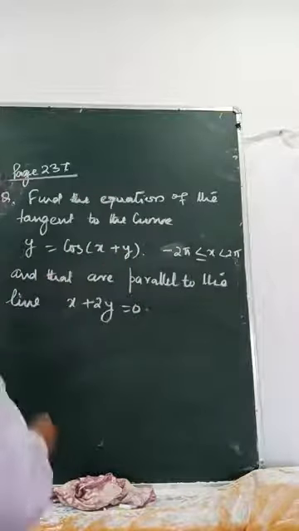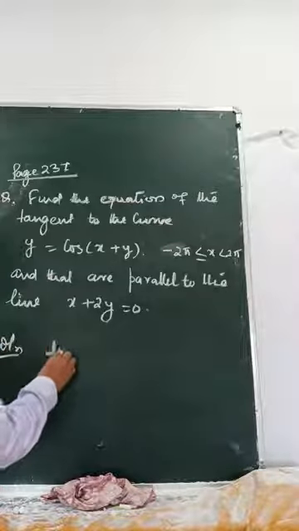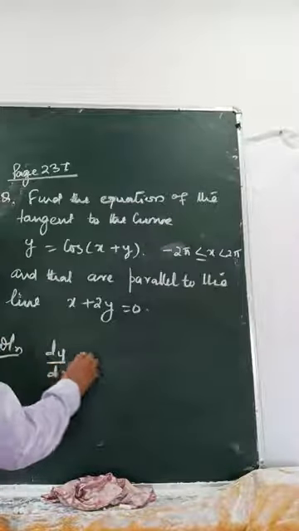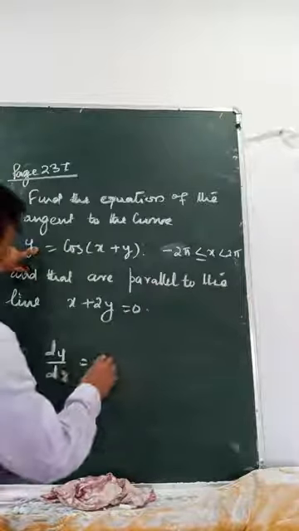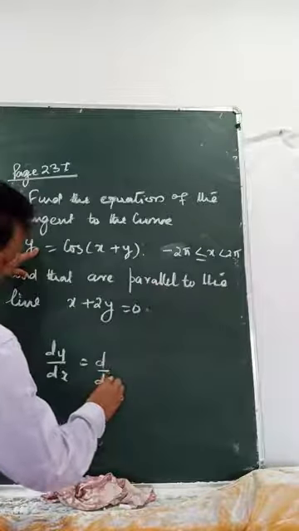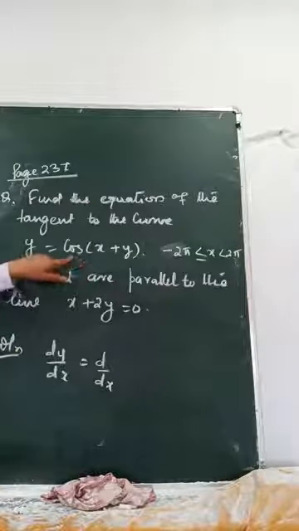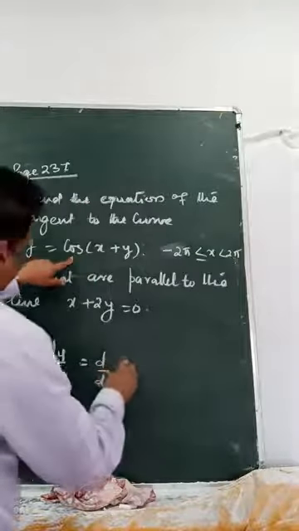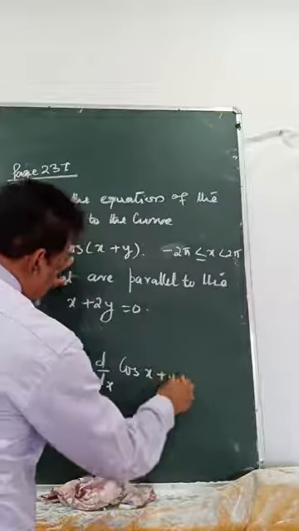Okay, let's see now. Let's find dy by dx. Dy by dx from the curve, that is the slope of the tangent to the curve, not the line. So from here you will find dy by dx of cos(x plus y).